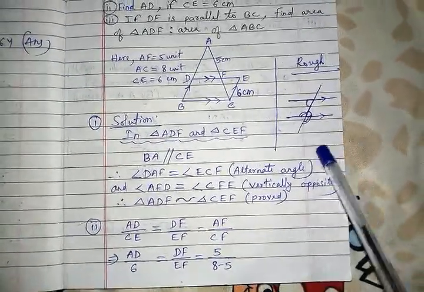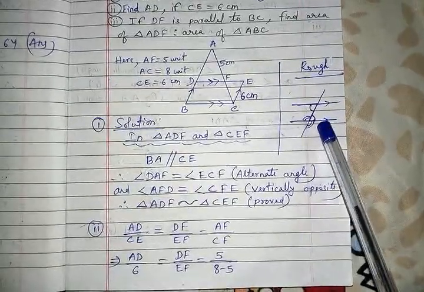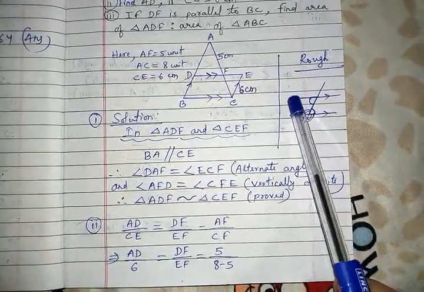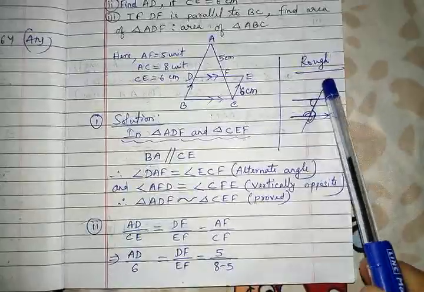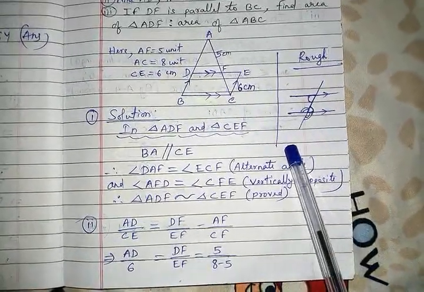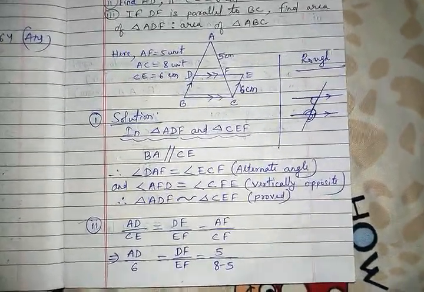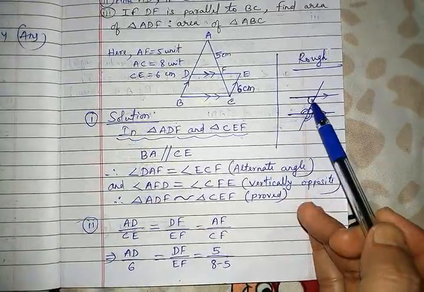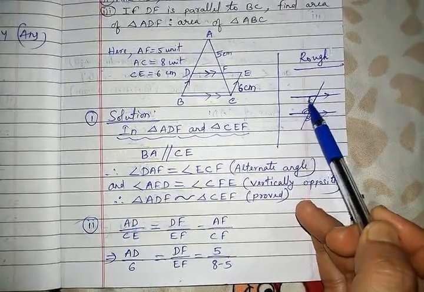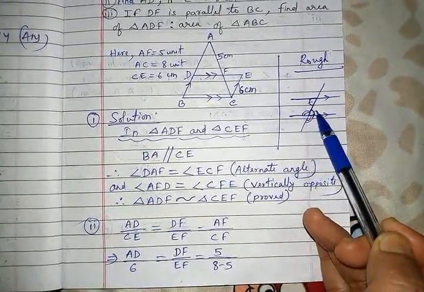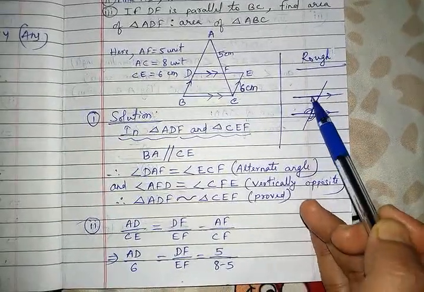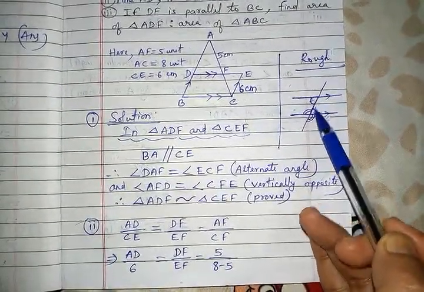Let me explain. You all have learned in class 8 and 7 that if two lines are parallel and one transversal comes like this, then this particular angle is alternate to this. These two are alternate to each other and they are equal.